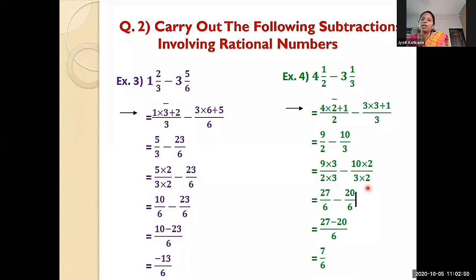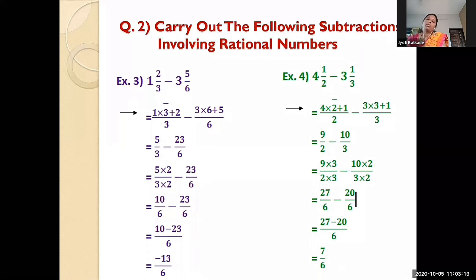Now the denominator is same, 6 and 6, and you know when the denominator is same, then subtract the numerator value. Subtract 20 from 27, we get 27 minus 20 divided by 6. We get 7 divided by 6.